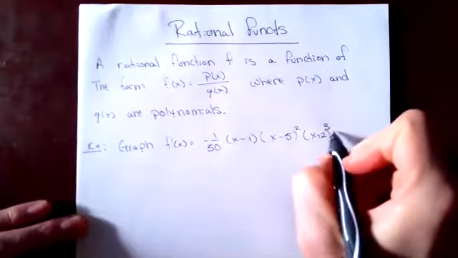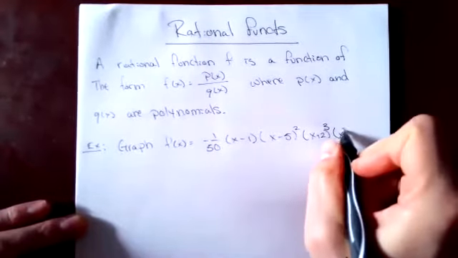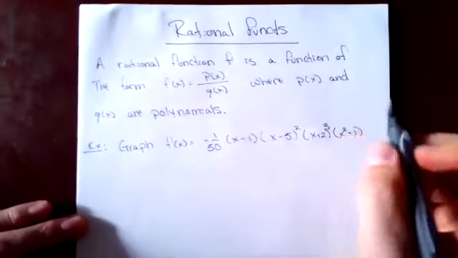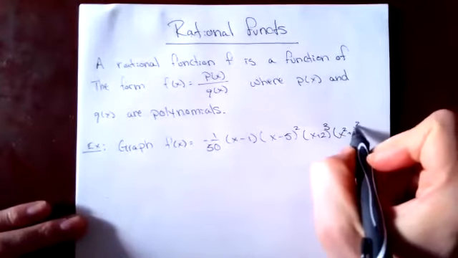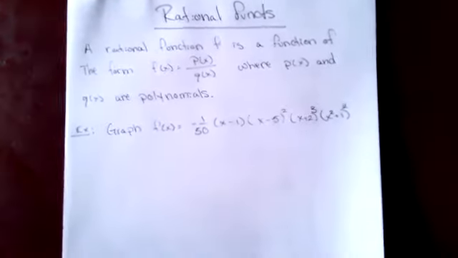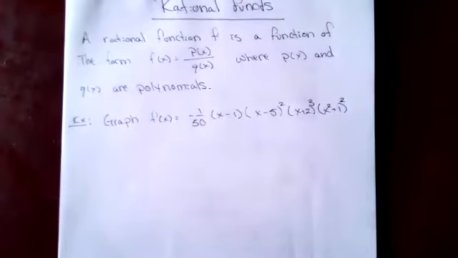And actually, let's add on one more factor just to illustrate a point that we need to talk about. Let's say x squared plus 1, and let's say that itself is squared. So this is a pretty long polynomial, really complicated, really technical. However, it's written in kind of a nice form. This is our factored form.